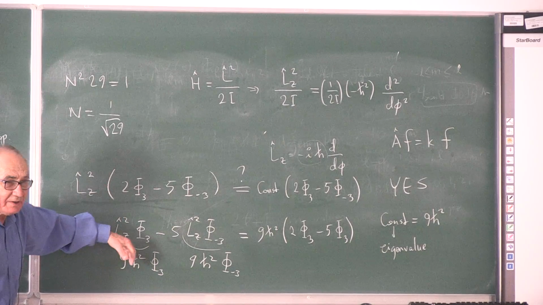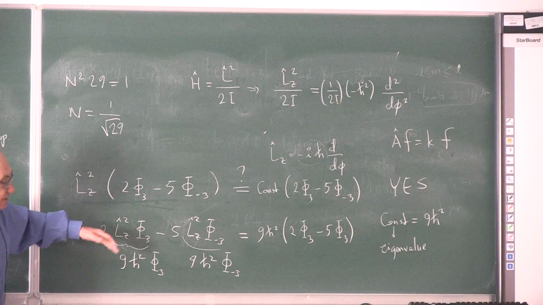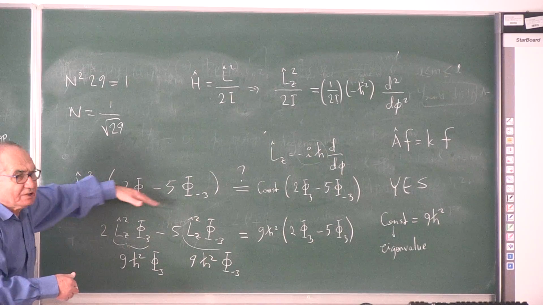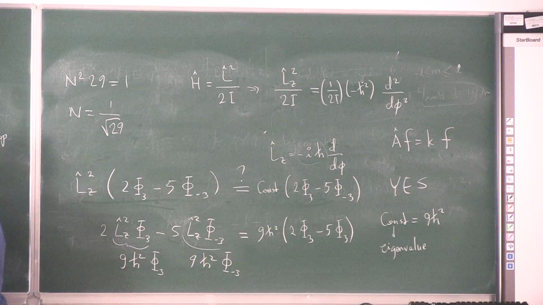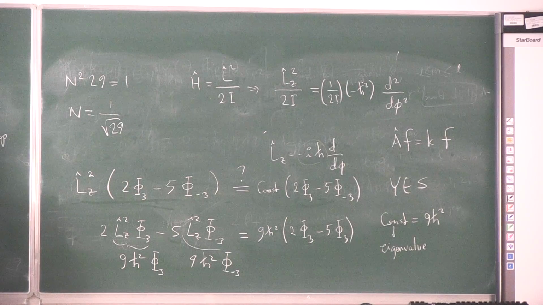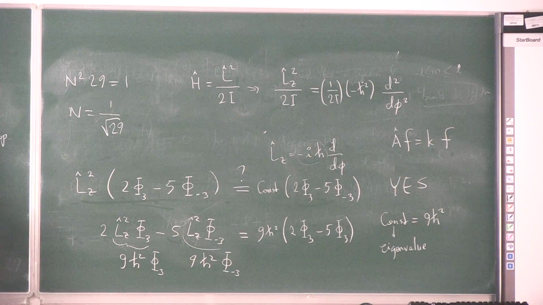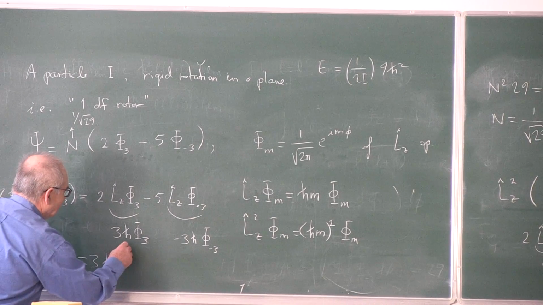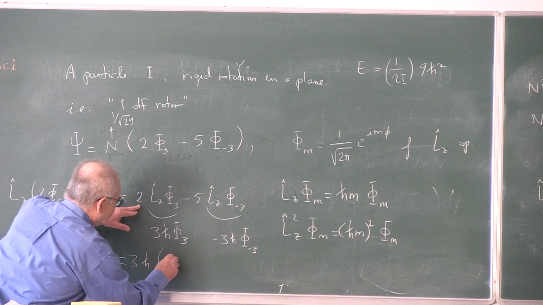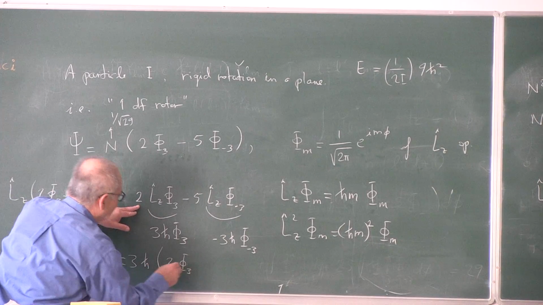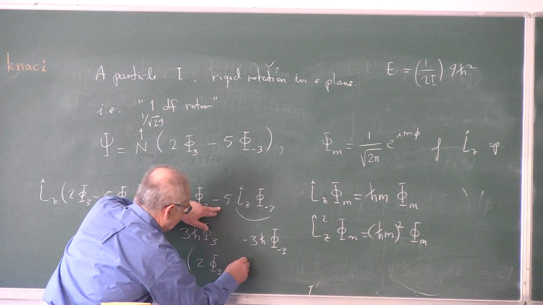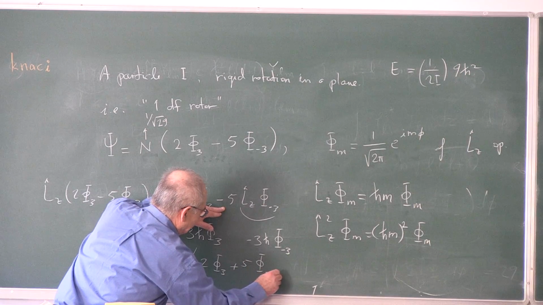So that 9 h bar square could be factorized without changing the function. But here, there is no such property. If I factorize this 3 h bar only, I will get 2 times phi 3, but there is a minus here. This will become 5 times phi minus 3.